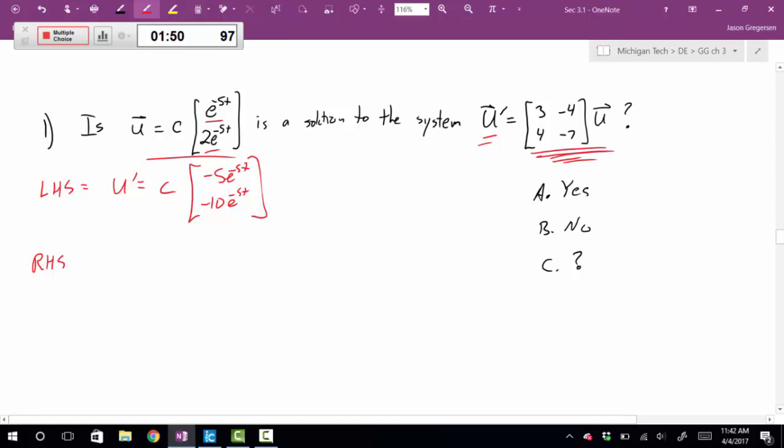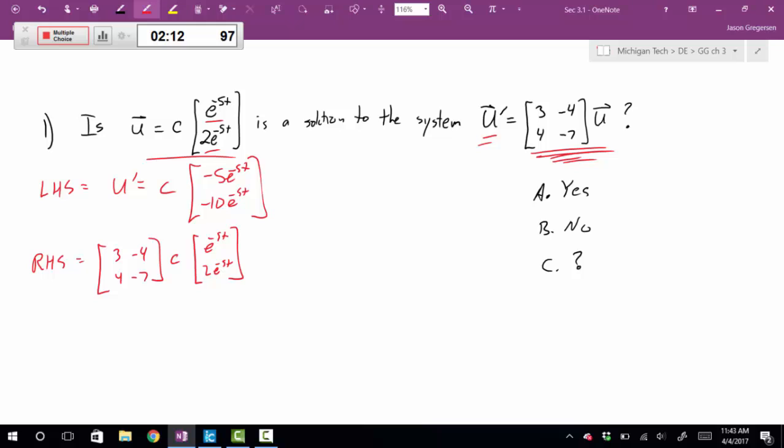The right-hand side is basically this matrix times u. So it should be this thing times u, c e to the negative 5t, 2e to the negative 5t. Now I just have to do that multiplication. First I'm going to clean some things up.